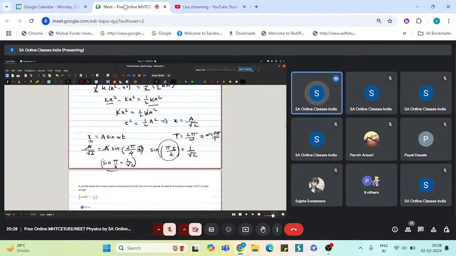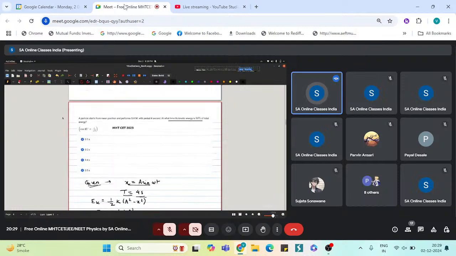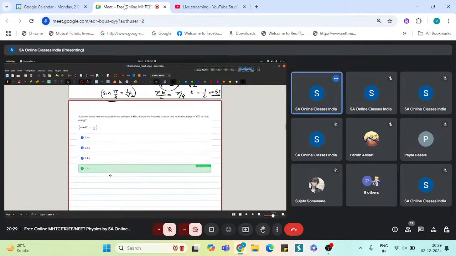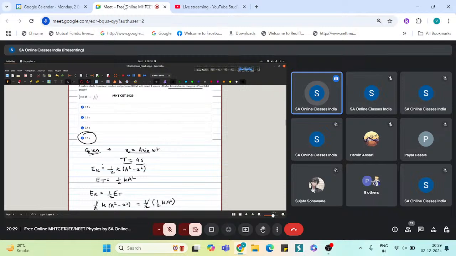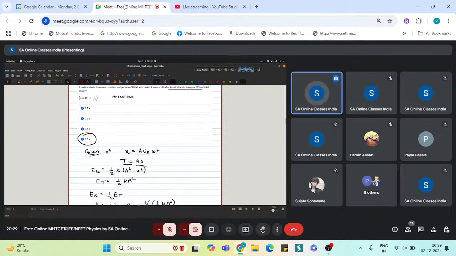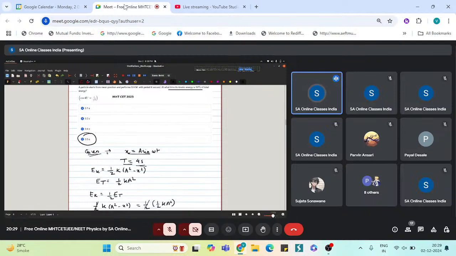So this value is just going to be pi by 4. So pi t by 2 is equal to pi by 4, and then pi will cancel, and this will just be t is equal to 1 by 2, which is equal to 0.5 seconds. And the answer is going to be 0.5 seconds. Yeah, correct. So this is how you can solve the questions based on kinetic energy.